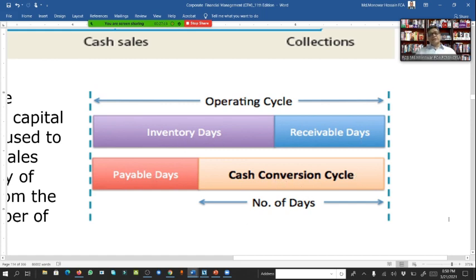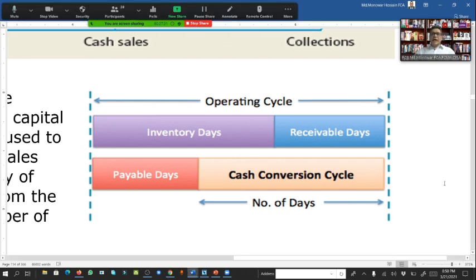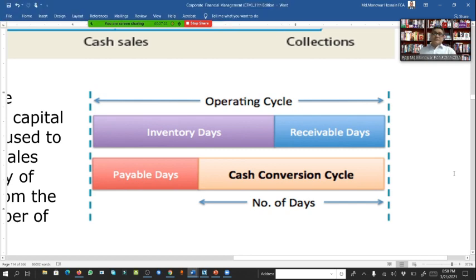For inventory, how many days we are keeping the inventories; for receivables, how many days it takes to get money from the debtors; and within the cycle, how many days we have to pay our payables or creditors. That means inventory plus receivable days, minus the payable days.